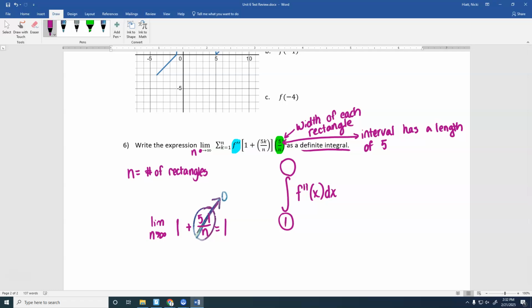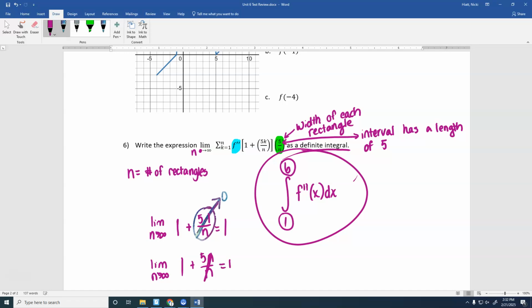Because you have an interval length of 5, you could go ahead and plug in 6 right here. Here's your answer for that. Or you can plug in your final value, which you're going to have 1 plus 5n over n, and the n's are going to cancel, and that's just going to give you 6 as well.